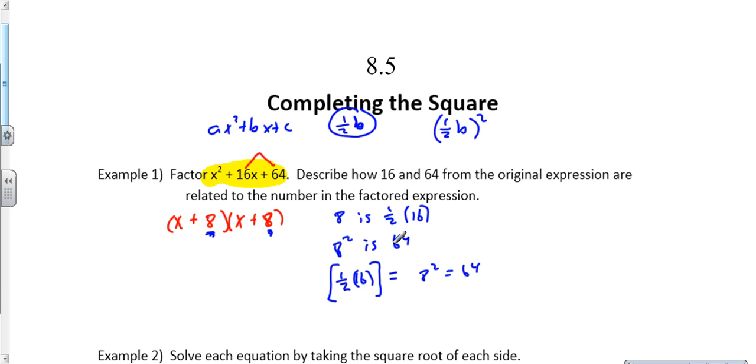There's this relationship here that we want to look at because it's going to pay off for us later. The true value of this whole process is to show that in this particular trinomial, we ended up having two factors that are exactly the same. So we could write this as x plus 8 quantity squared. That's important to us, and we'll see why in a moment.